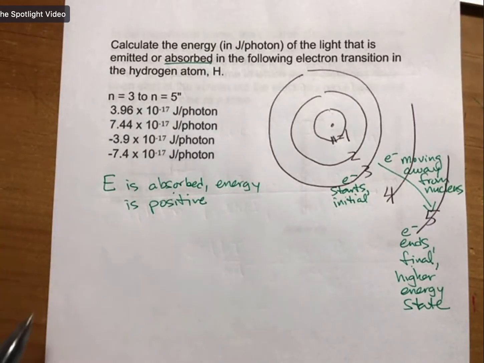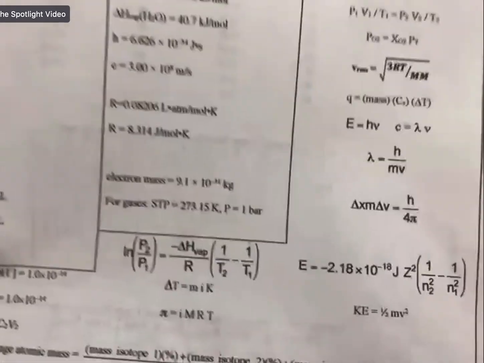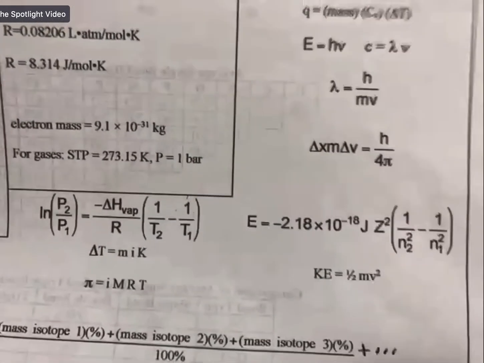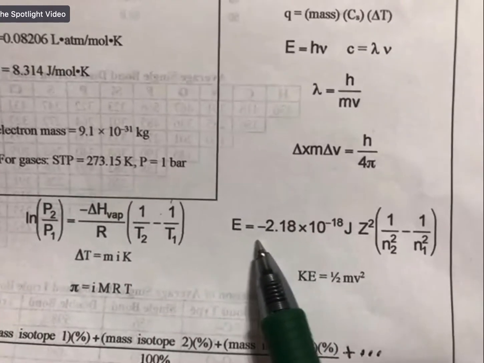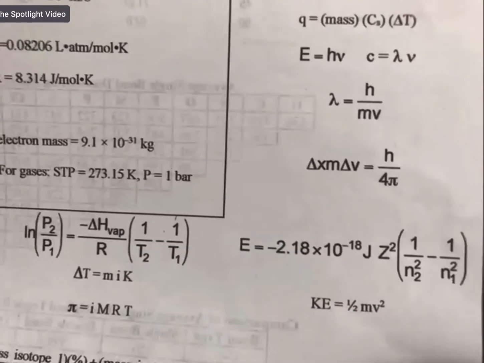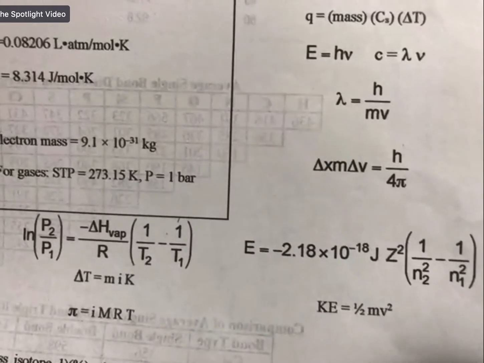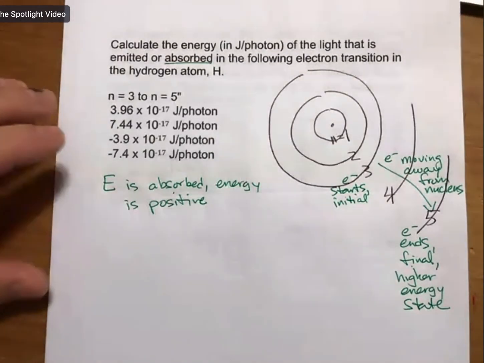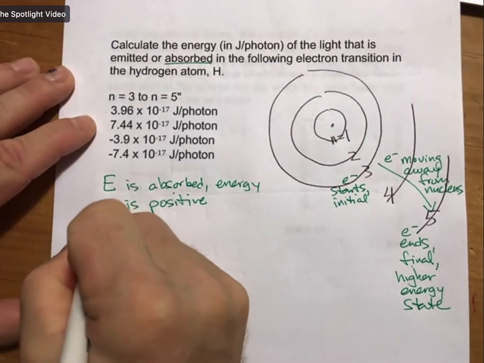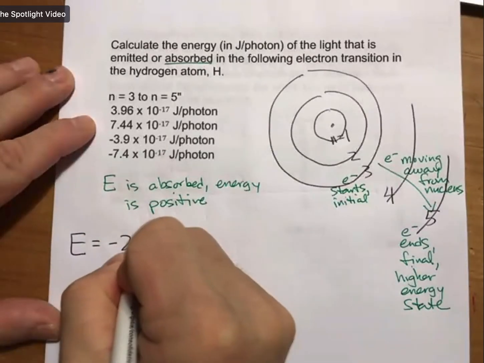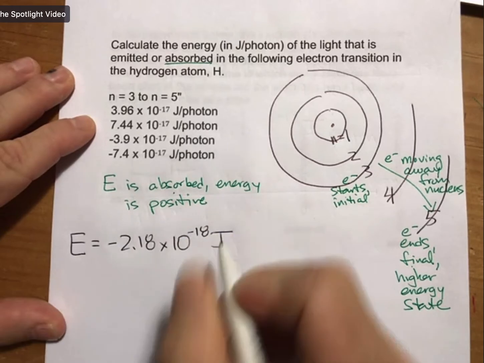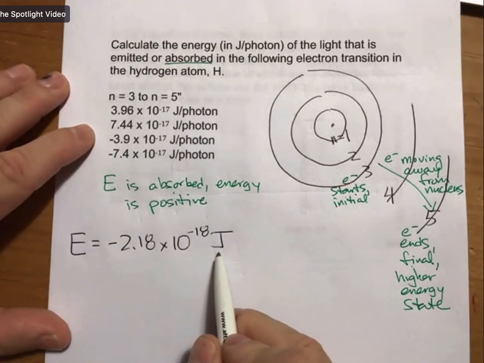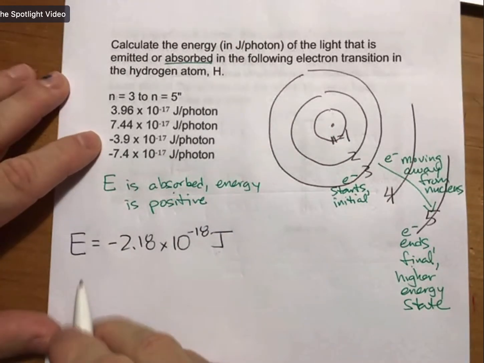So this equation, again, on your conversion and equation sheet, it's going to be the one right here. Energy equals, and I'll go ahead and write this out, minus 2.18 times 10 to the minus 18, and then units of joules, those are going to be the units for the energy that we're solving for here.